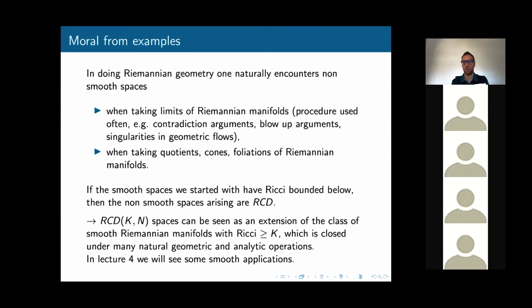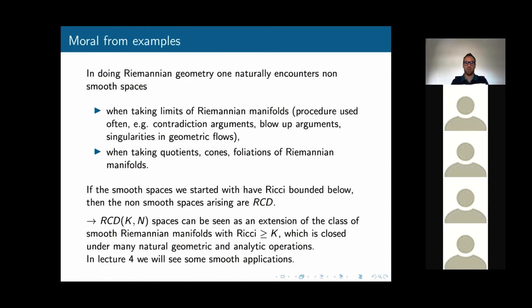The structure theory of RCD, which we are going to see tomorrow, covers at least the Cheeger-Colding papers, and it also covers Colding-Naber's paper on the constancy of the dimension, and a bit of the last paper of Cheeger-Colding-Naber, but there is more work to be done. But what I'm saying is that the structure theory of RCD is very much advanced, so you can apply all of this machinery in the setting of limits, quotients, cones, foliations, etc.